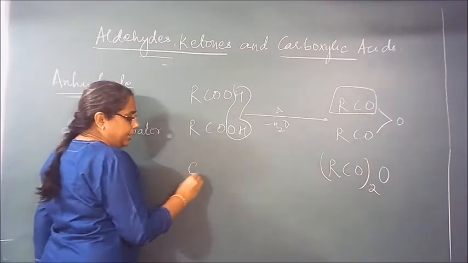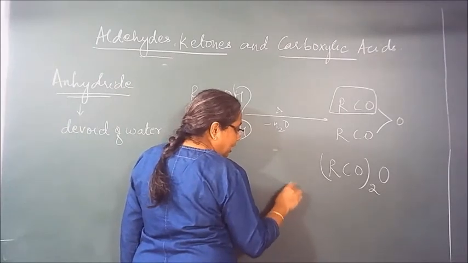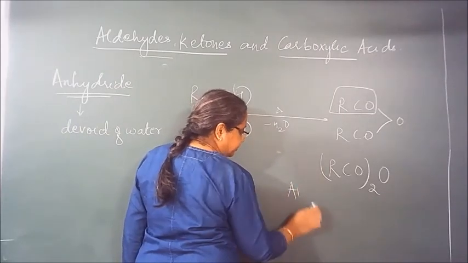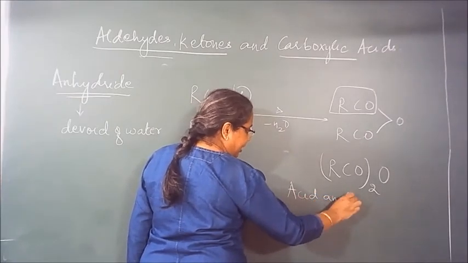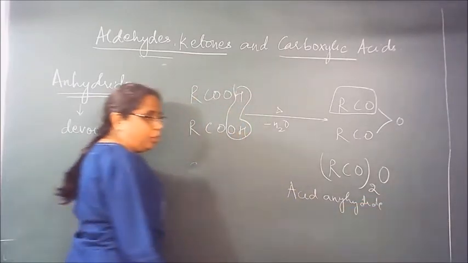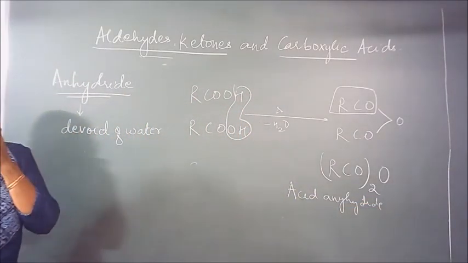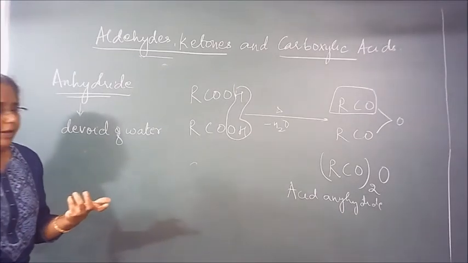It is named as acid anhydride, or how do you write it? Ethanoic anhydride. Whatever is the name of the acid, the same name. So you write it as alkanoic anhydride.